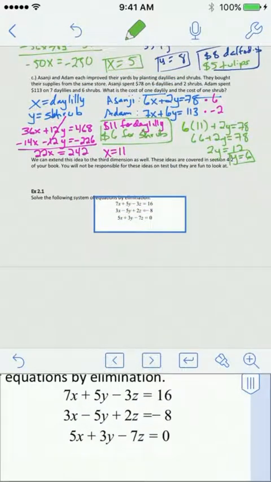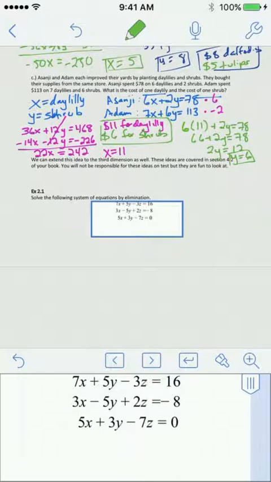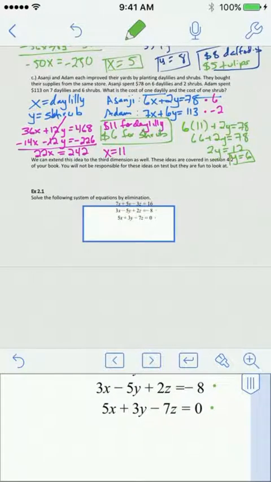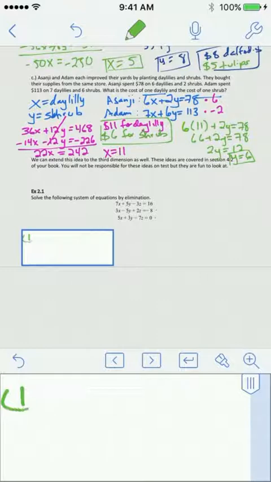We're going to solve it via elimination, and we're going to do it a couple times. So I'm going to start by picking any two that I like. I'm going to go with the second one and the third one, just because why not? And I'm going to eliminate one variable at a time. Do this process like 3 times. Eliminate a couple things over and over again. I'm going to eliminate z, I think. So I'm going to call it 1.